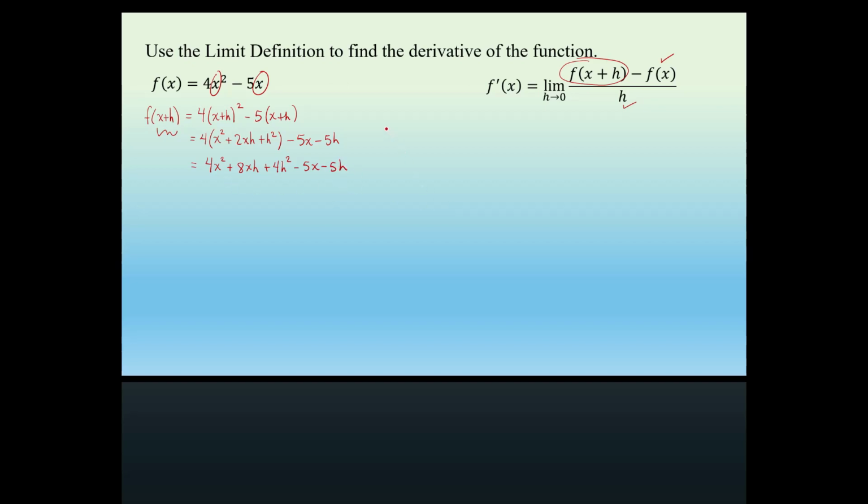Alright, so now I can organize this. Limit as h goes towards 0. Have to put my f of x plus h first. And then minus f of x. All over h.